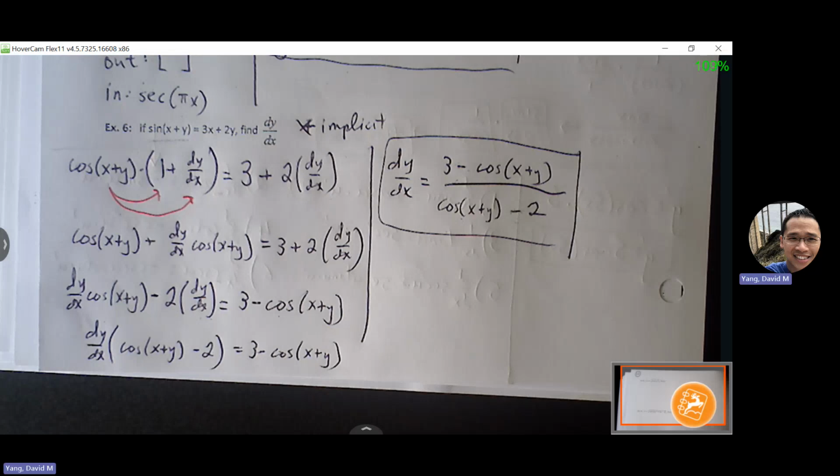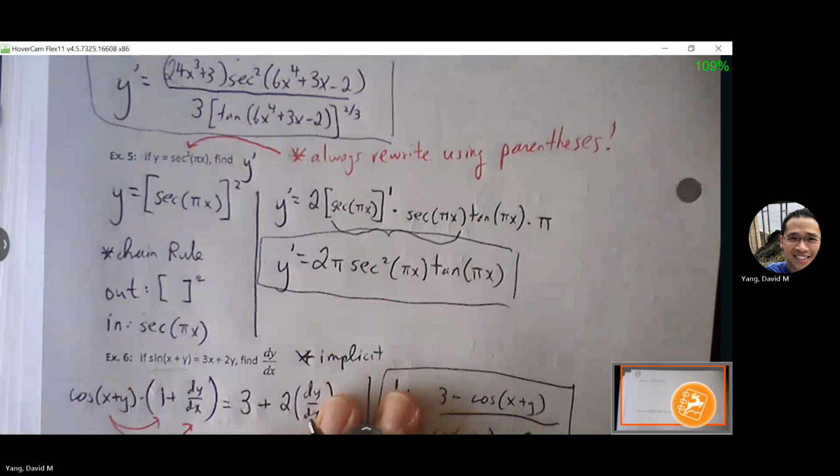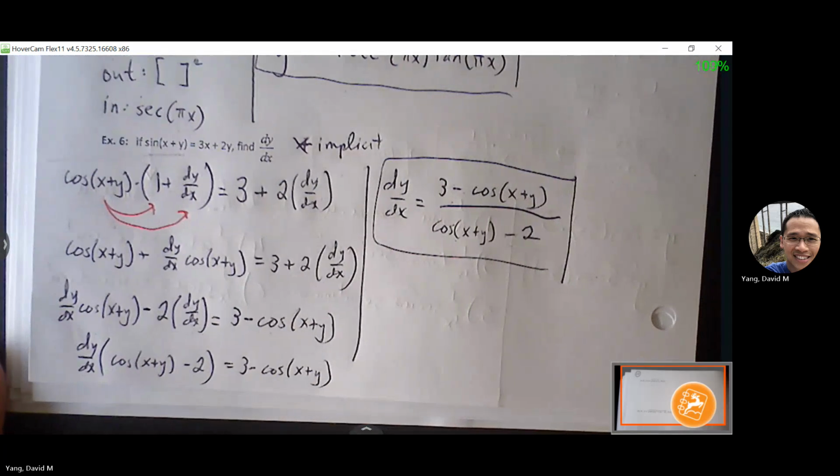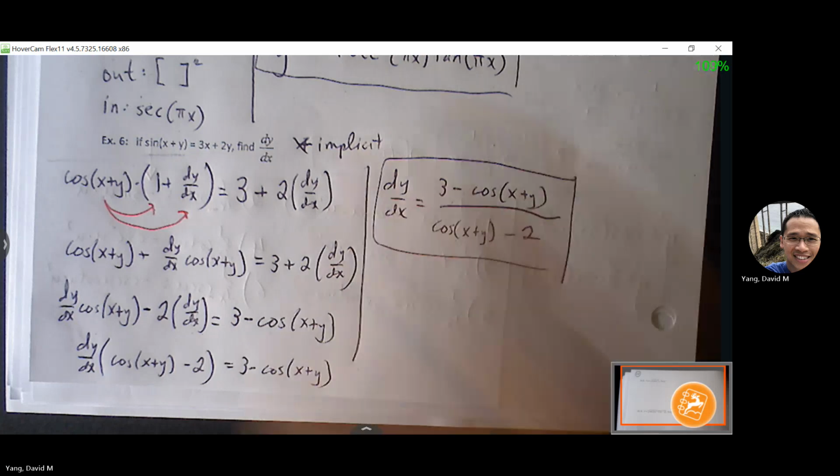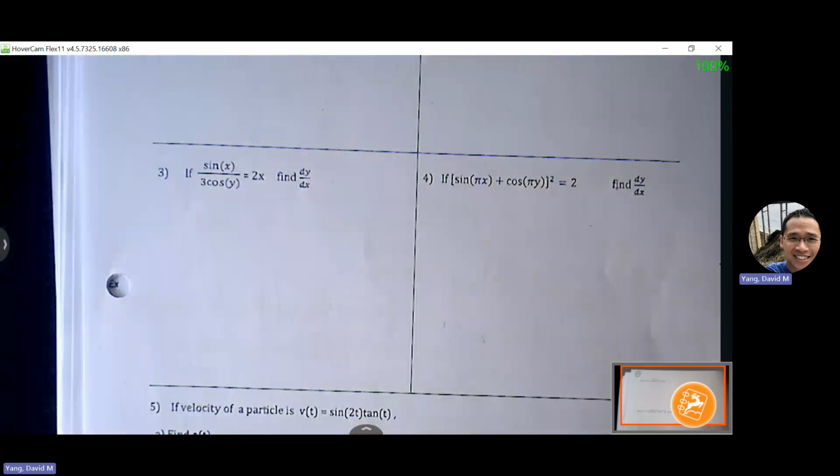Okay, page 13. Some of these problems, your page 13 is going to be your homework.